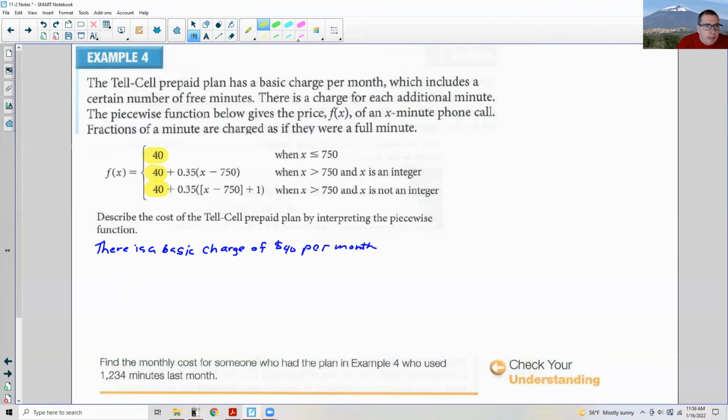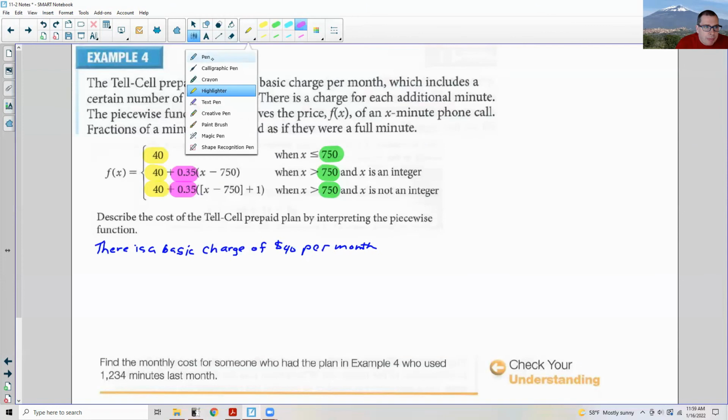So let me go back to my highlighter and see what else we find. And notice that it says when x is less than or equal to 750, when x is greater than 750 and x is an integer, when x is greater than 750 and x is not an integer. So that tells us that there is a fee involved depending on usage, and the amount that we multiply the unknown by is the fee.